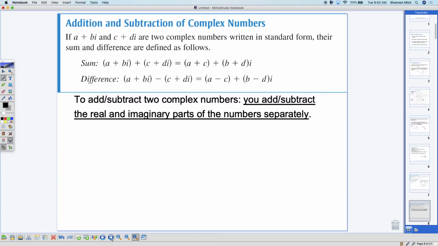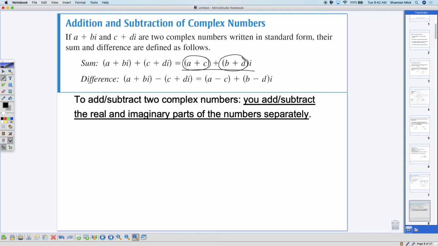So it says addition and subtraction of complex numbers. If a plus bi and c plus di are two complex numbers written in standard form, their sum and difference are defined as follows. So if I have a plus bi plus c plus di, what did they do over here? They added the real numbers and added the imaginary numbers.